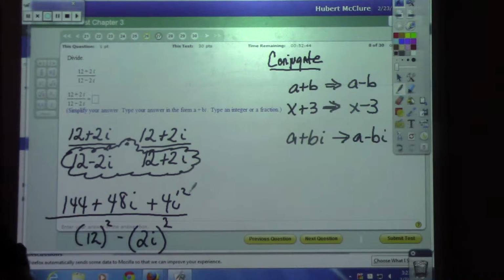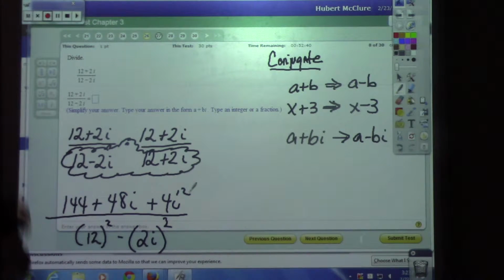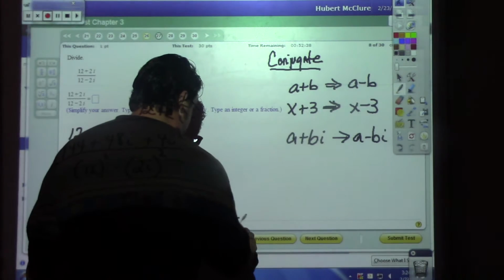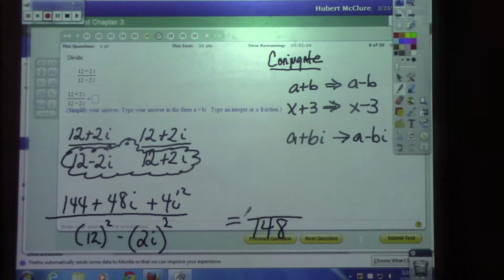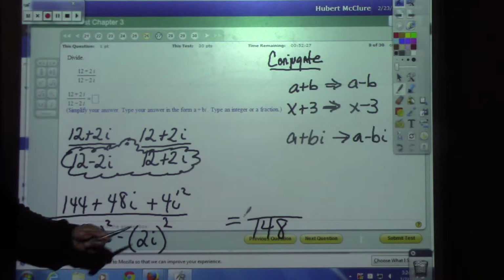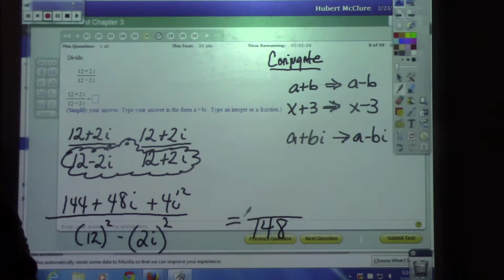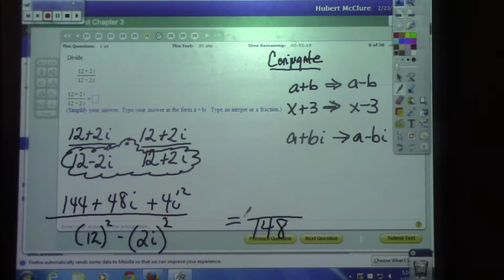So what do you get? You get 144 plus 4, which is what? 148. Y'all check my math. What's i squared? Negative 1. What's 2 squared? 4. What's 4 times negative 1? Negative 4, times the negative 1 is positive 4. 144 plus 4 is 148.